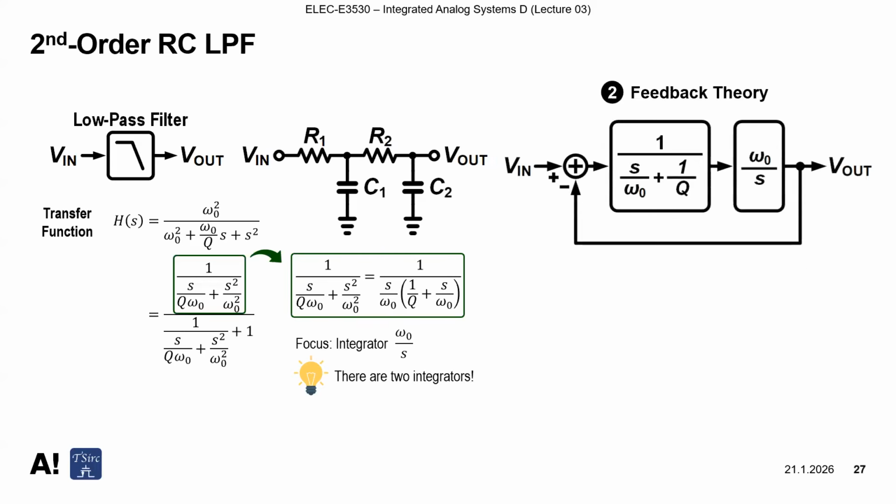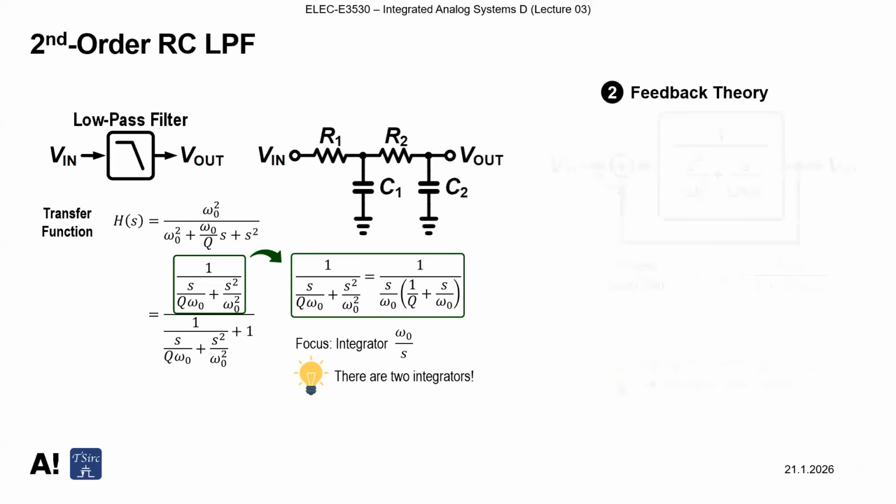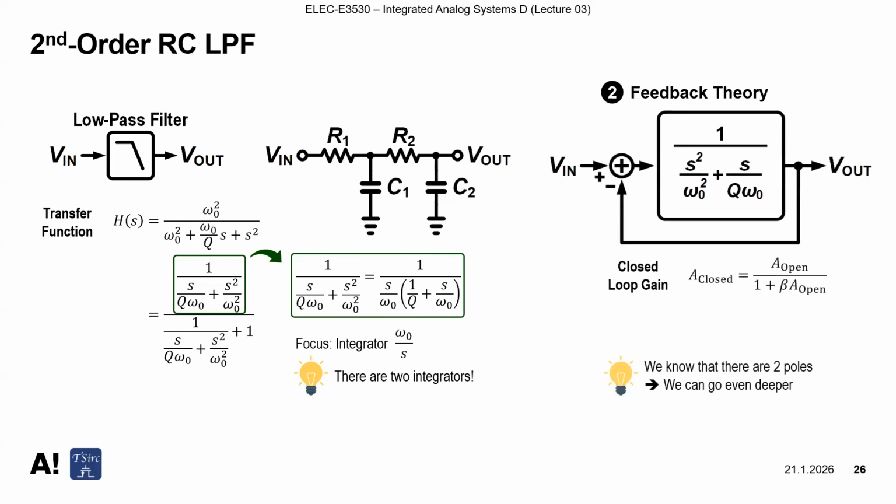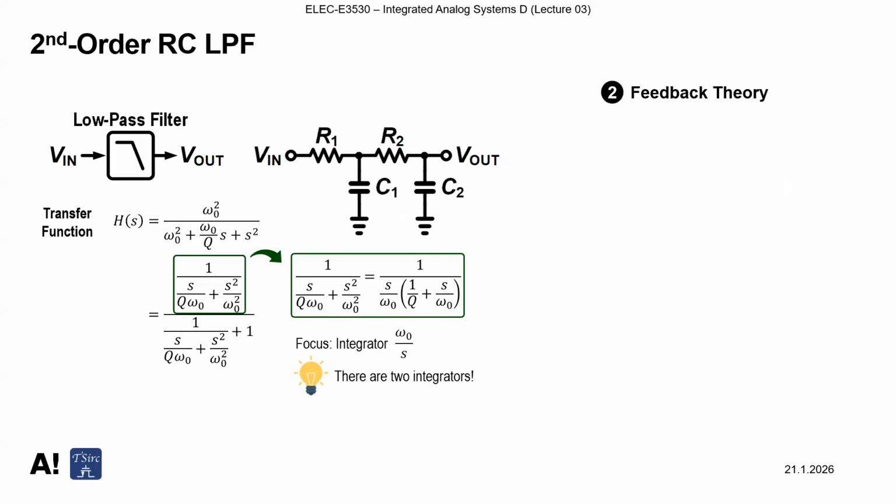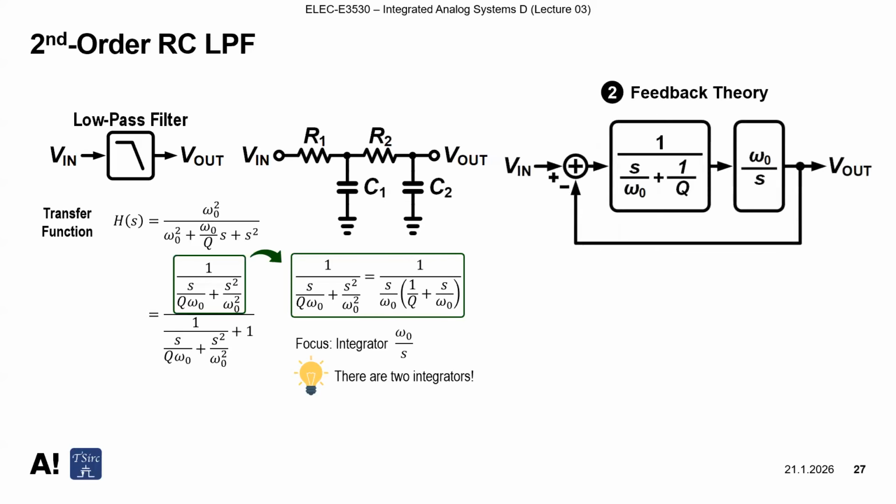Then we can divide our block diagram here. I just separated the 1 over s part. Nothing special, it's just mathematically easy. Then 1 over (s over omega 0 plus 1 over Q) here, and omega 0 over s. I just rearranged the equation.